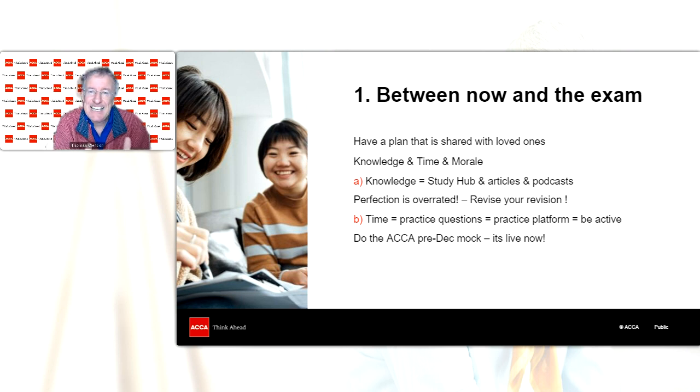There's an ACCA pre-mock. Have you done the ACCA pre-mock? If I say question 1, Whitaker, does anybody know what I'm talking about? ACCA SBR pre-mock, have you done it? If you have done it, put a Y in.